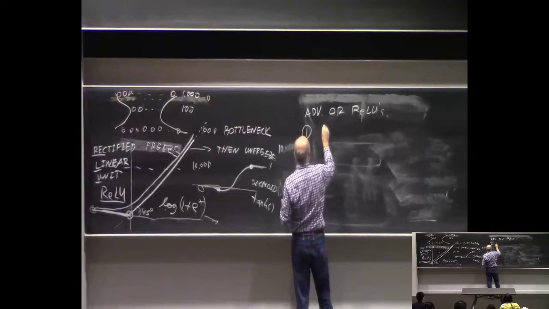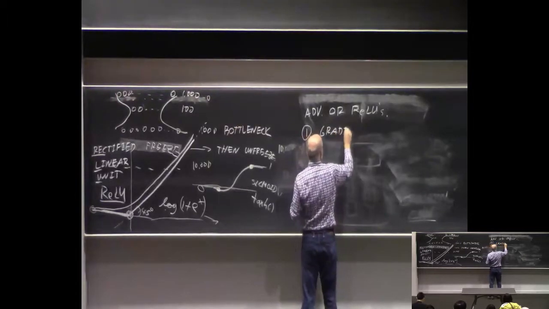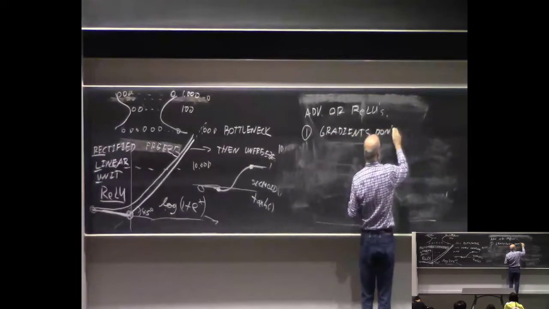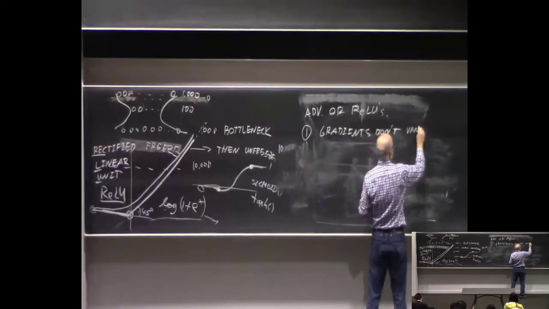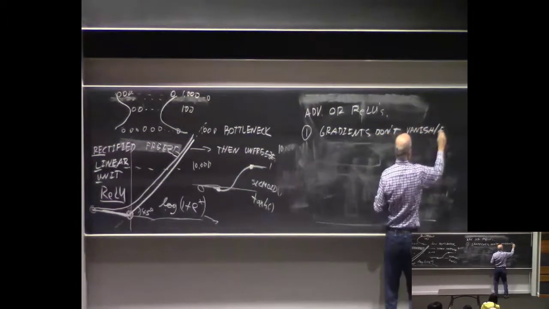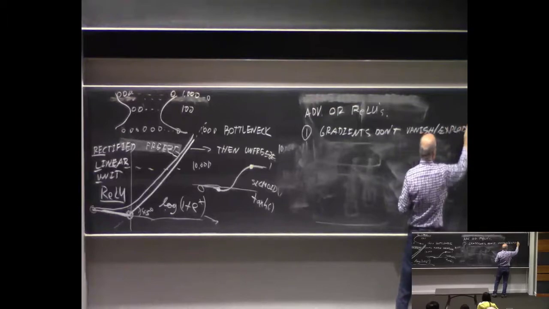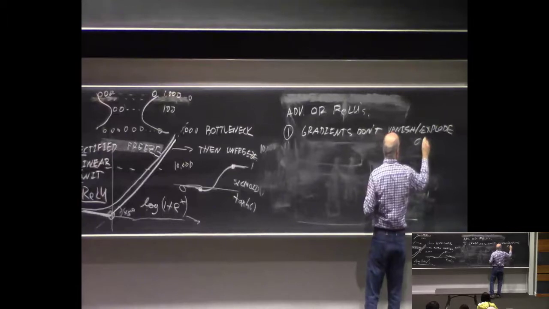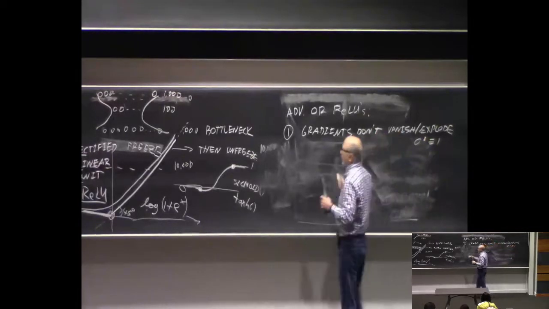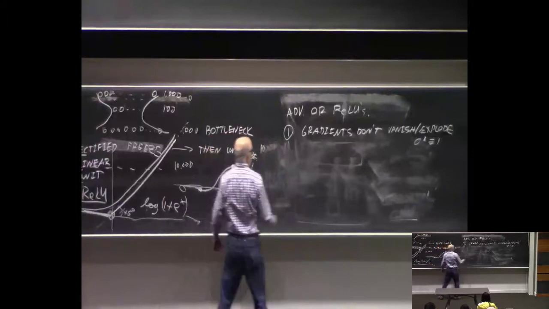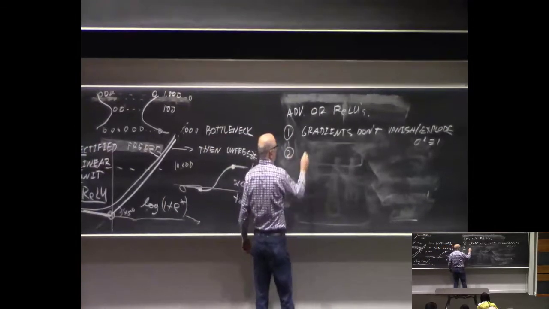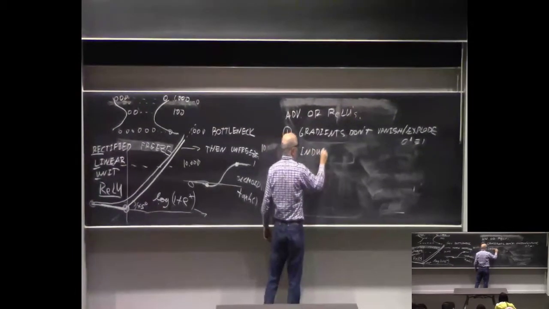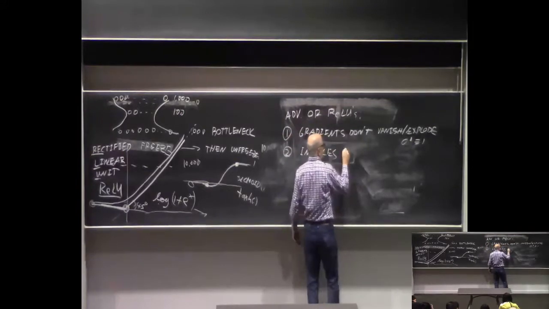One is gradients don't vanish or explode. This is because the derivative is 1 in the interesting part of the network. Second thing is it induces sparse representations.